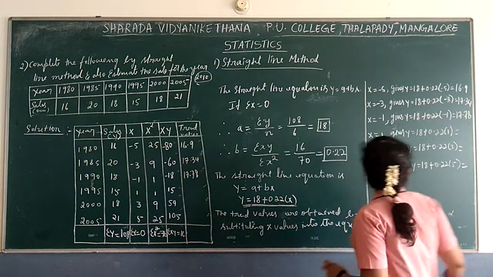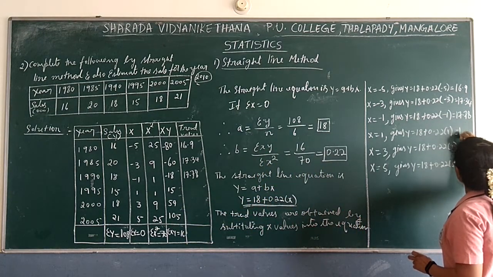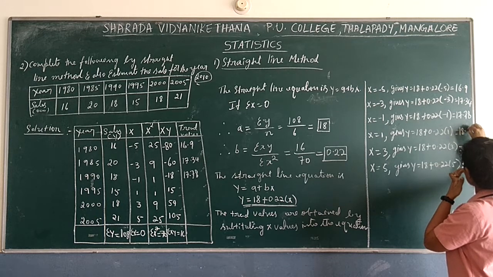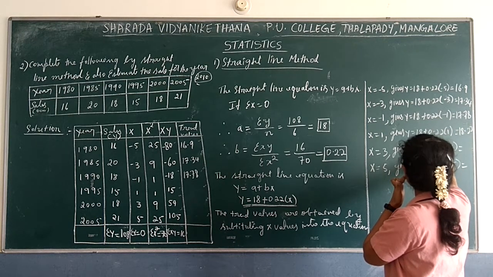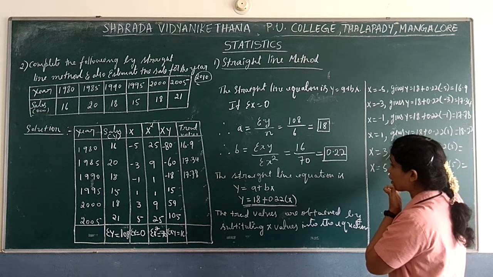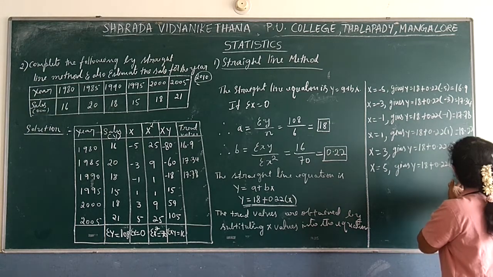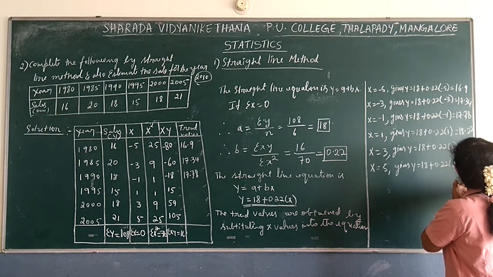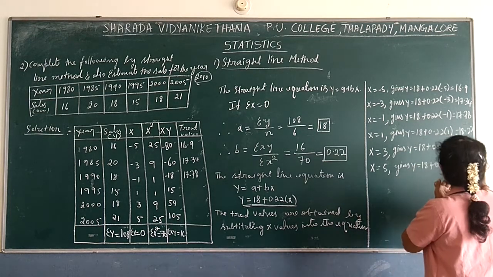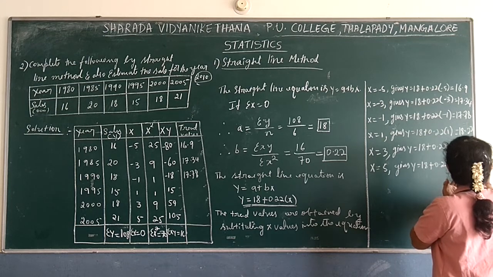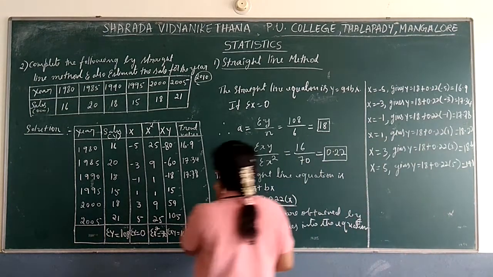That is, first one here we get 18.22, and when we substitute 0.22 into 3 plus 18, then we get 18.64. Then the last one we get here 19.1. Now we'll write these values here.